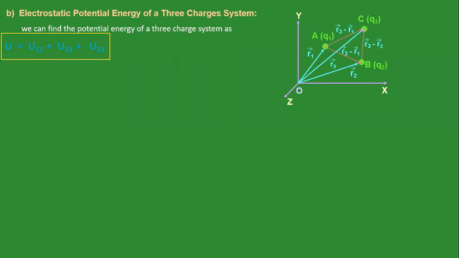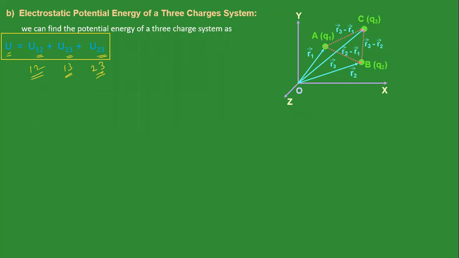Electrostatic potential energy U is equal to U between 1 and 2, 1 and 3, and 2 and 3. You can see here charge 1 and 2, then 1 and 3, and 2 and 3. We are not repeating any combination: 12, 13, 23. No repetition in the combination here.